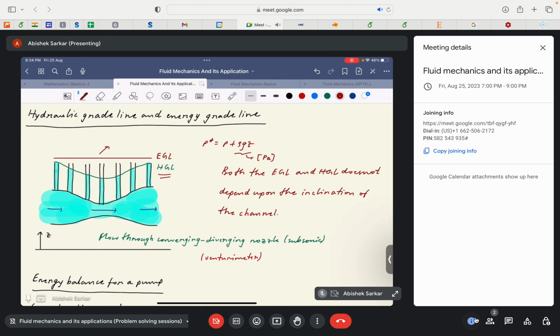Okay, so that remains constant throughout the flow. So the energy grade line, I must say, ideally represents the total energy.